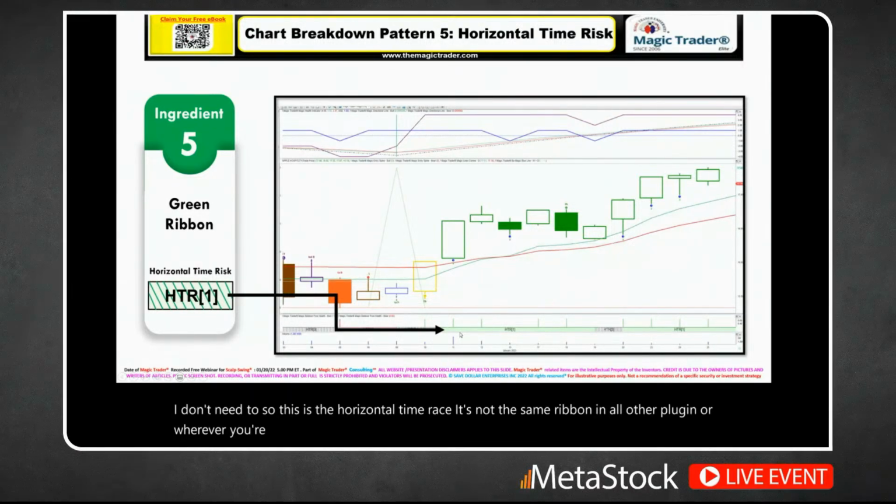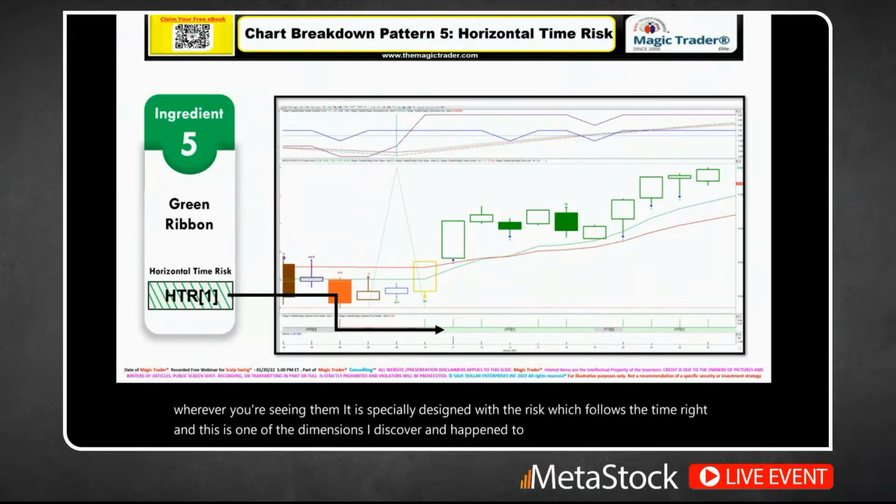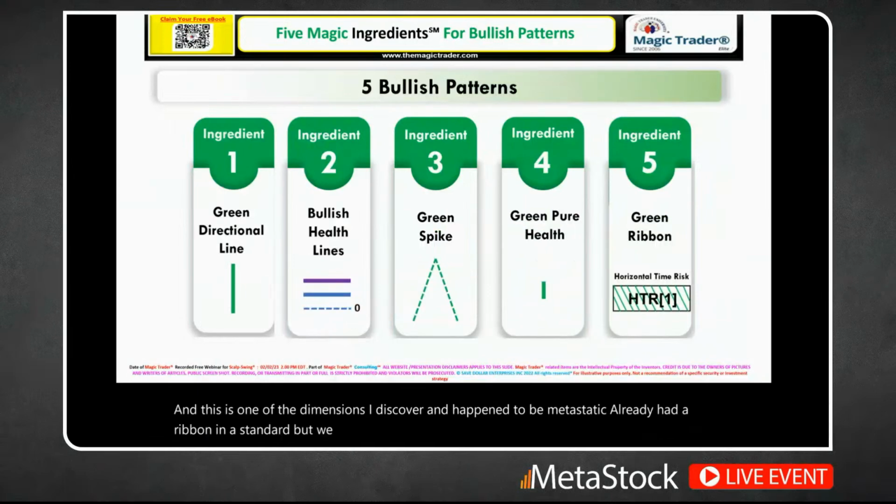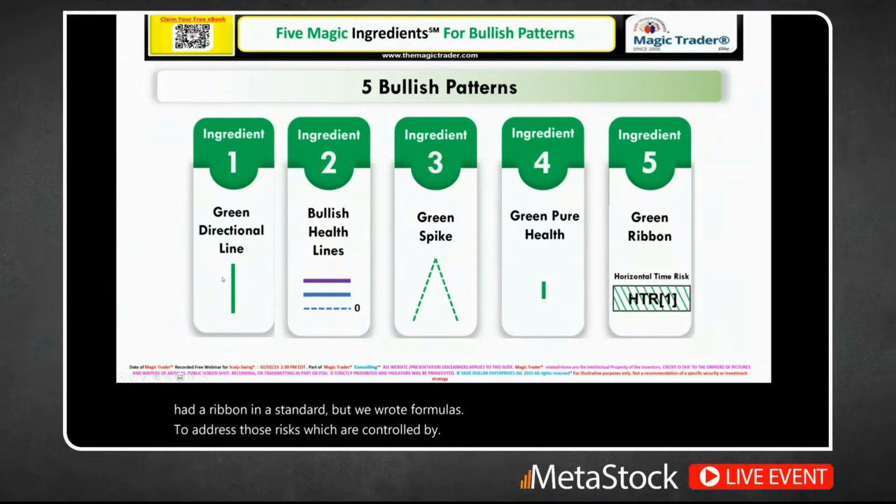It is specially designed with the risk which follows the time, right? And this is one of the dimensions I discovered. MetaStock already had a ribbon as standard, but we wrote formulas to address those risks, which are controlled by risk and time factors.